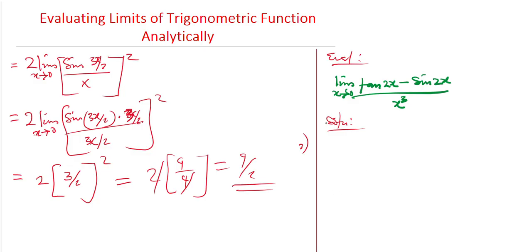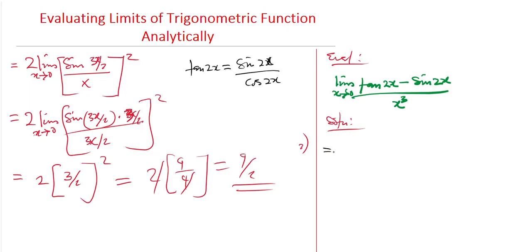Now let's start by replacing tan 2x with a core identity, right? We know that tan 2x is the same thing as sine 2x all over cos 2x. So let's replace that.